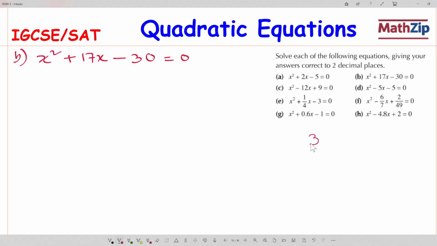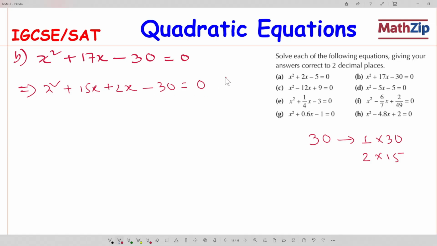So first 30, if we factorize, here is 1 times 30, then 2 times 15. So look, we can write this one x square plus 15x plus 2x minus 30, but it's not possible. Here, we get 2 times 15 is 30 and 15 plus 2 is 17.